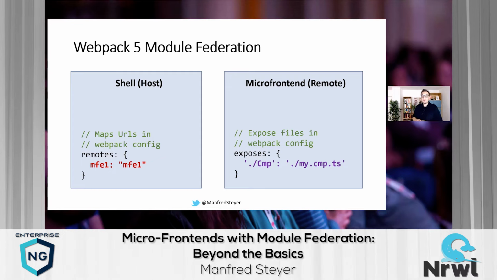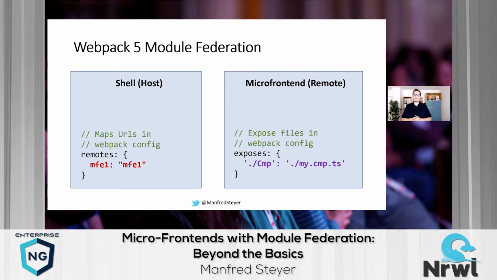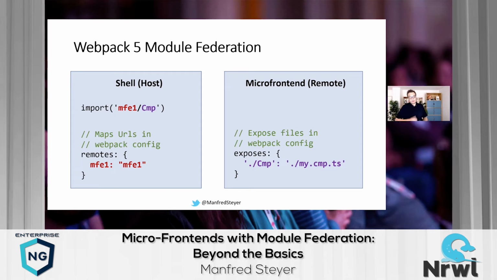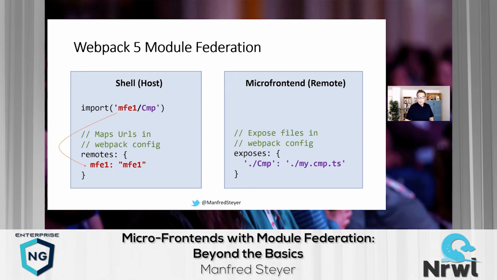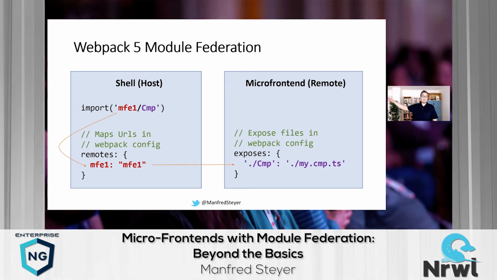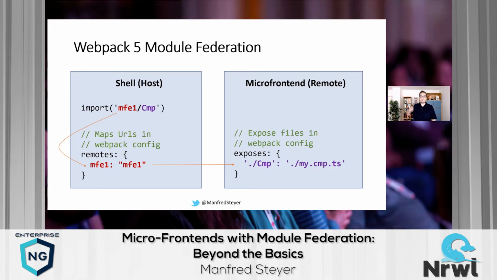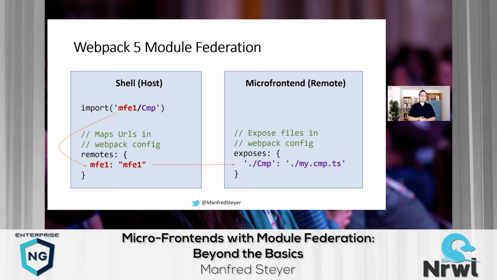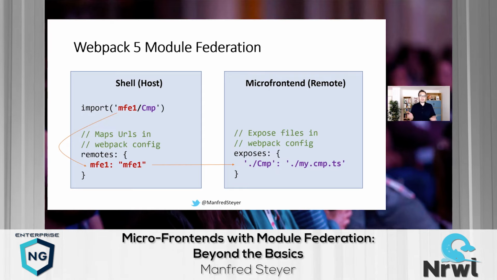When doing so, you assign short names to those exposed files. And then everything you need is just a dynamic import pointing over to this micro-frontend and grabbing something from over there. For this, you are going with those map names. That's pretty much everything.